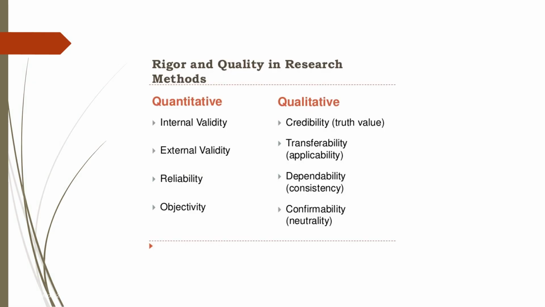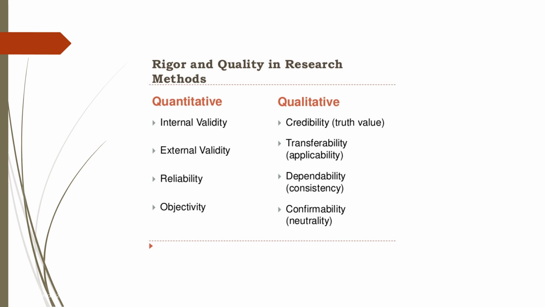So again, this table represents the quality and rigor in qualitative versus quantitative research. What are the different concepts that are used in qualitative and quantitative? Firstly, in qualitative research, we use credibility, which is equivalent to internal validity.